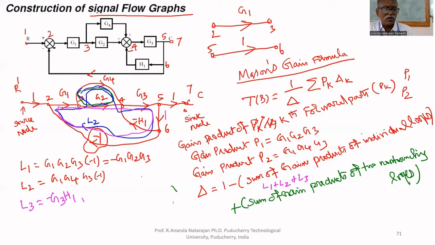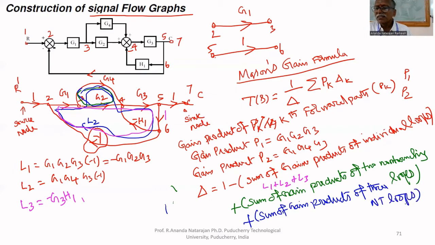Now, if you write the third term, minus the sum of gain products of three non-touching loops. There is no two non-touching loops, so how will three non-touching loops be there? Definitely it won't be there.